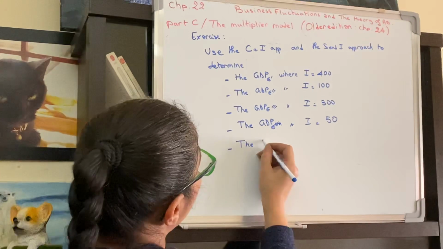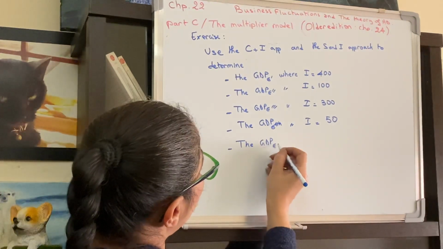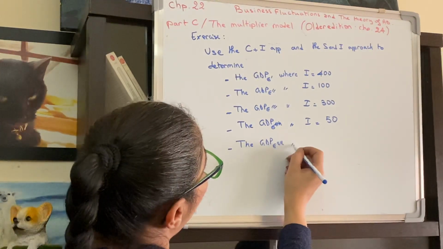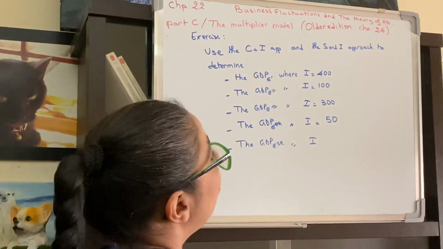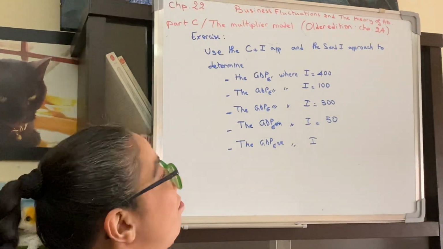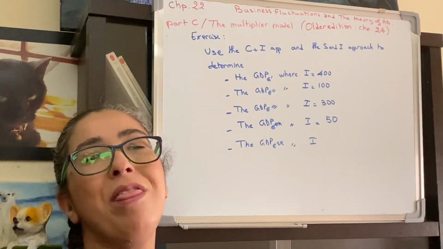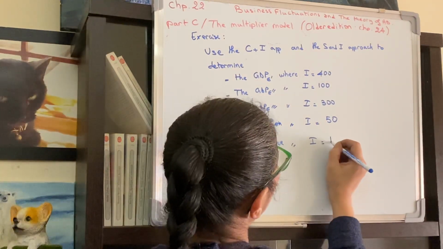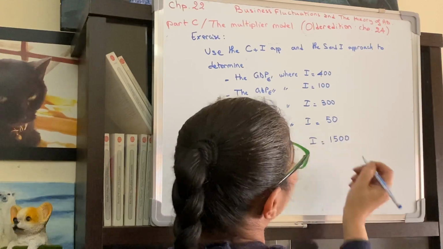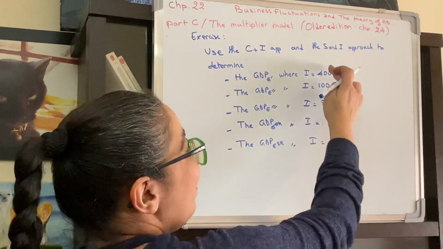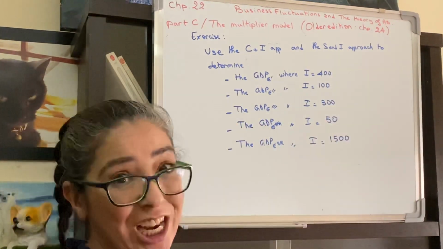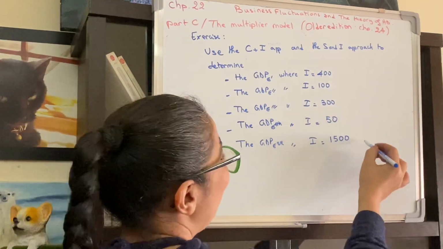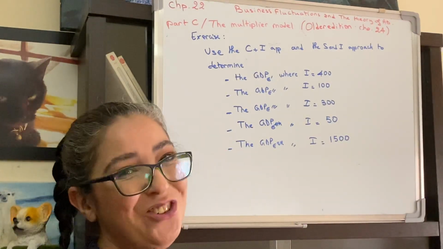The GDP at E fifth, where I is equal to 1,500. Let's try it. Okay, so these you already did, you just need to check them. And these you didn't do, so try it.